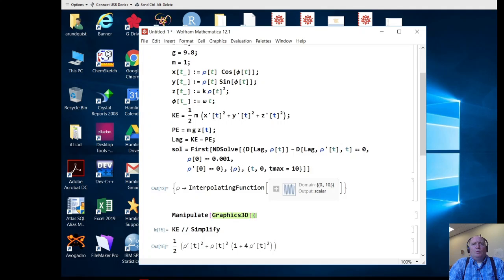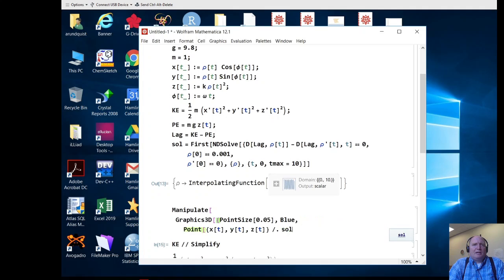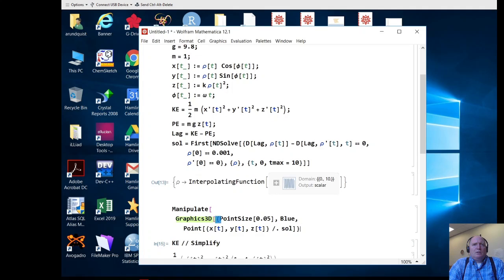Let's do point size of 0.05 or so, and let's make it blue, and let's do a point at x of t, y of t, and z of t, slash dot sol. That'll use our solution. As t goes from 0 to t max.